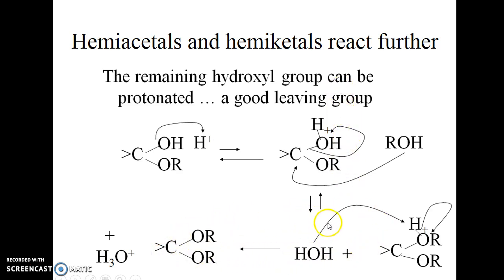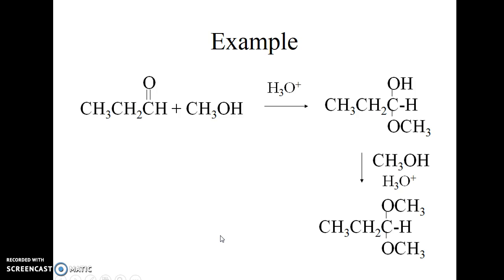So how is it we control these reactions? Well, if we want the acetal to form, we can make it form by pulling water off the system and having excess alcohol. If we want to go from the acetal or ketal back to the carbonyl, we just add lots of water and remove the alcohol.